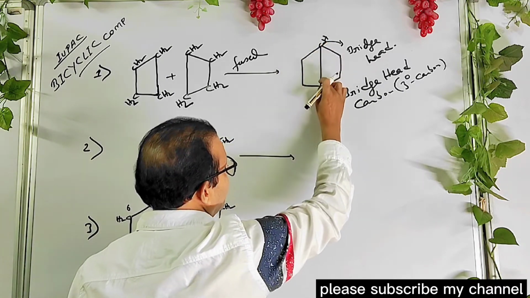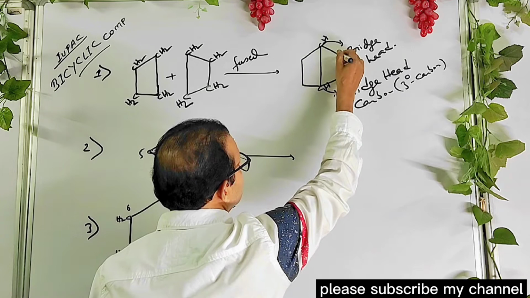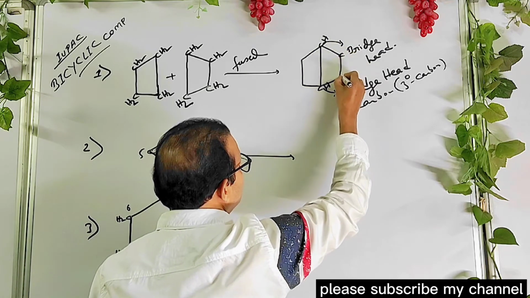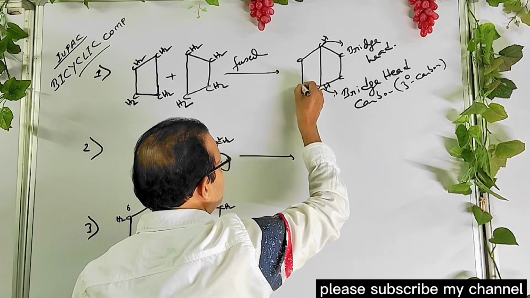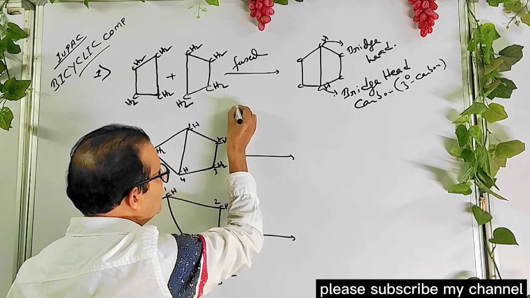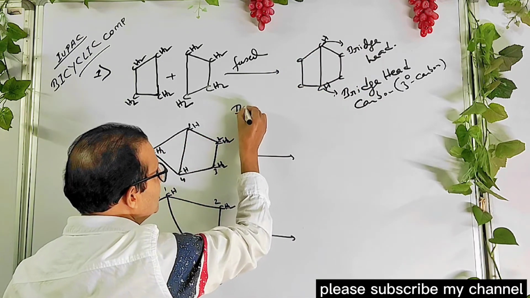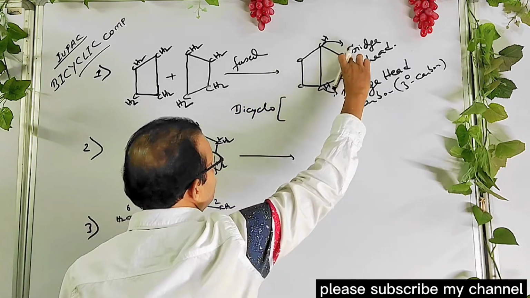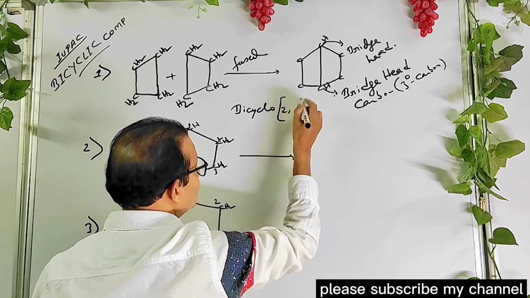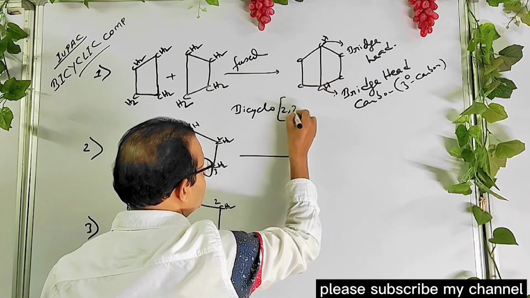Other than the bridgehead carbons, just see here one carbon. So two carbon atoms. Here also two carbon atoms. So the IUPAC name is bicyclo, two carbon bridge, two carbon bridge.